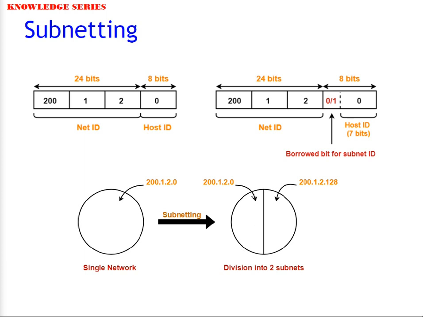So you can see 2 divisions shown here, 200.1.2.0 section here, and the next section with respect to 200.1.2.128. This is how you define the subnetting case, one case with respect to the first subnet, another with respect to the second subnet.